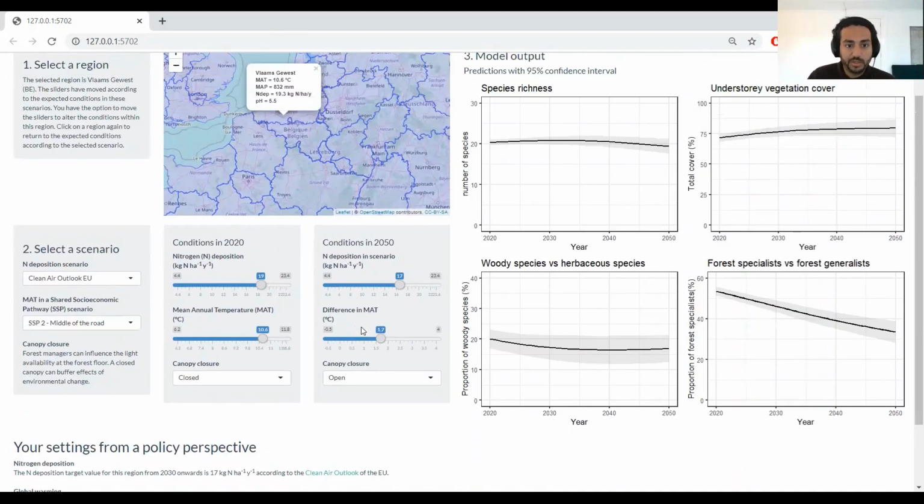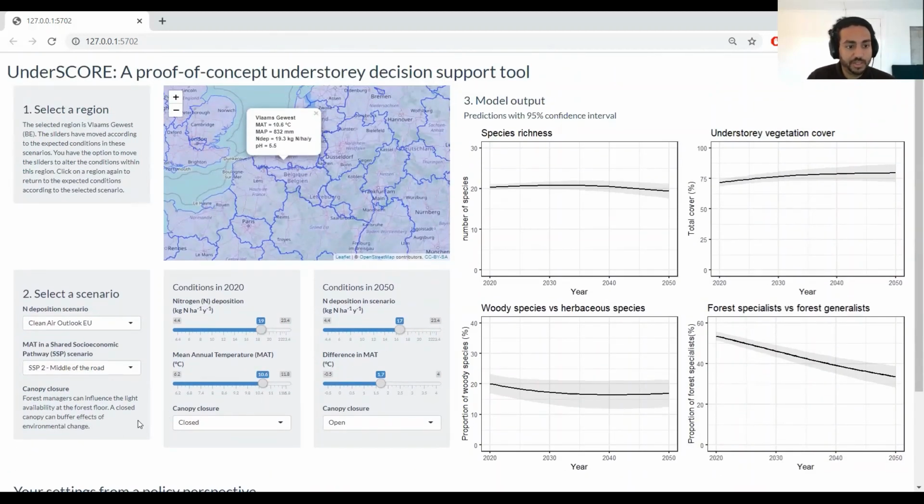What is important here as a forest management decision maker is that you can also change the level of the canopy closure. This is really the key that a decision maker has in hand to try and mitigate effects of nitrogen deposition and climate change. For instance, if we transition from a closed forest to an open forest, as here, we see that there are some changes in the output.